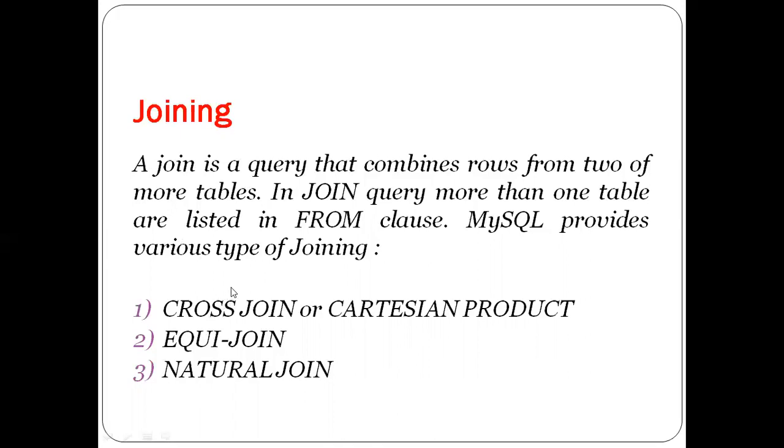Join means to display records from more than one table. So first, cross join, also called Cartesian product. You can say cross join or Cartesian product, don't confuse, both are the same. Next, equijoin and natural join.